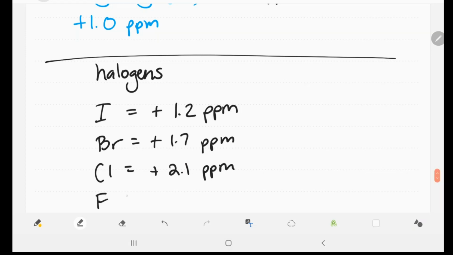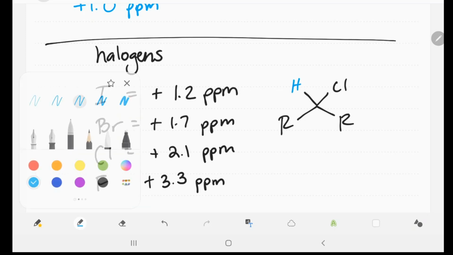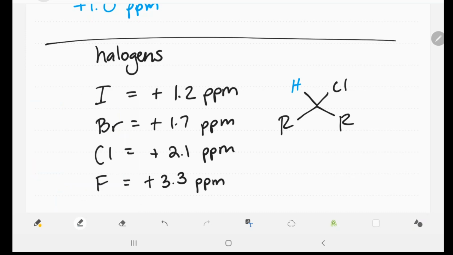And a fluorine will add about 3.3. And so these are all things that would be on the same carbon. For example, this hydrogen is a methine hydrogen, only one hydrogen on this carbon. So that's 1.7 plus chlorine is 2.1, which gives us 3.8 ppm.